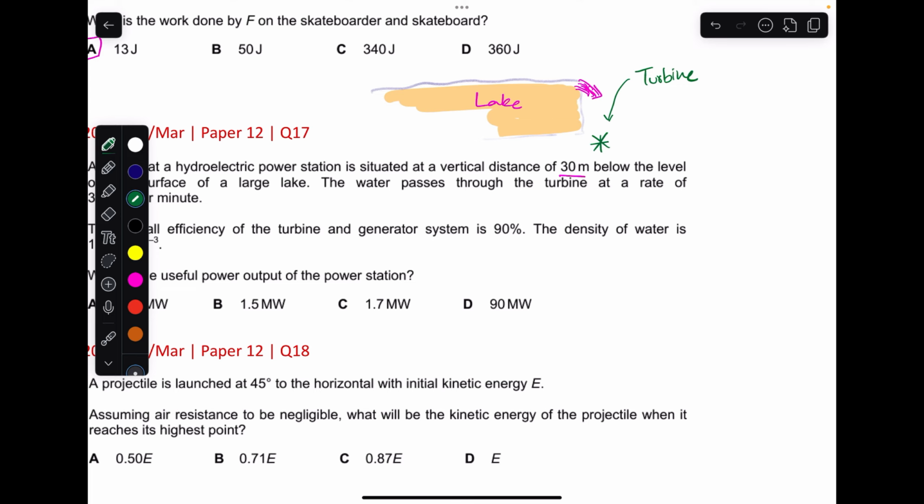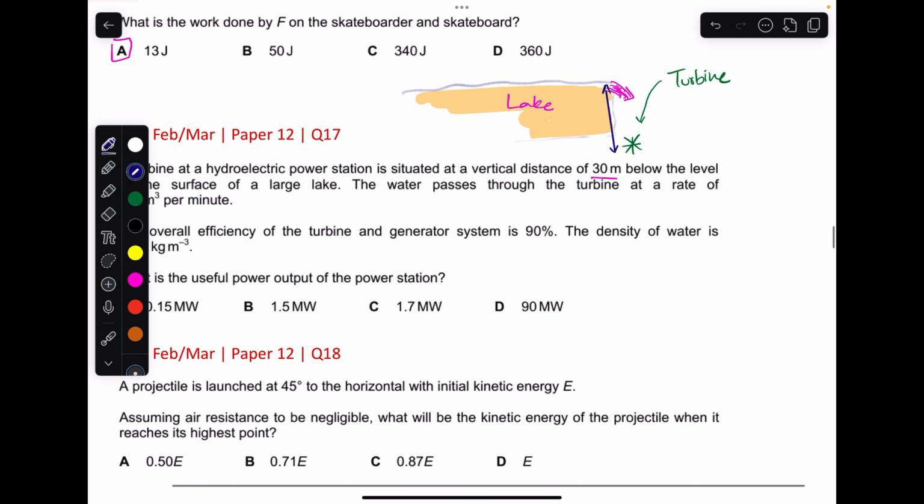They have given us the height from the surface to the turbine. That was 30 meters. So it's falling 30 meters.